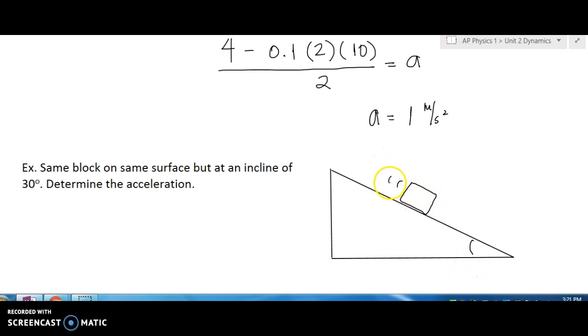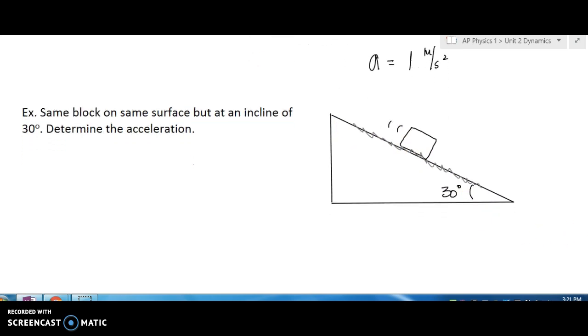Those are my going symbols. This is our 30-degree angle. And it's a rough surface, so if you want to, give it some little scribble lines to remind yourself that it's rough. Not always going to be drawn with little scribbles, but you can do it for now.